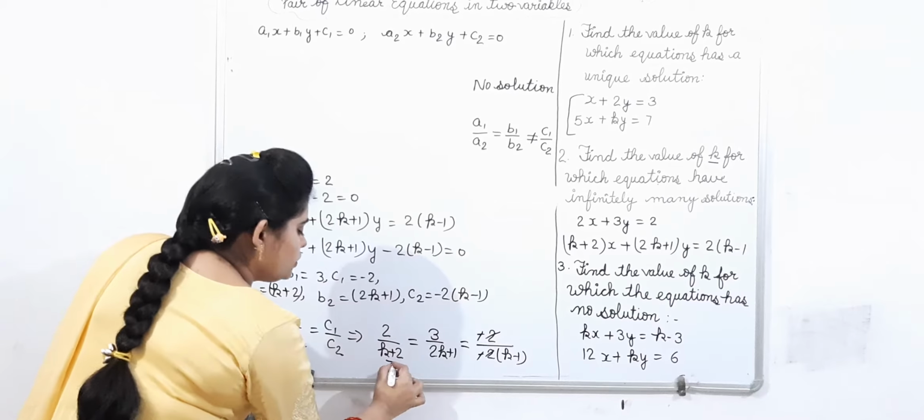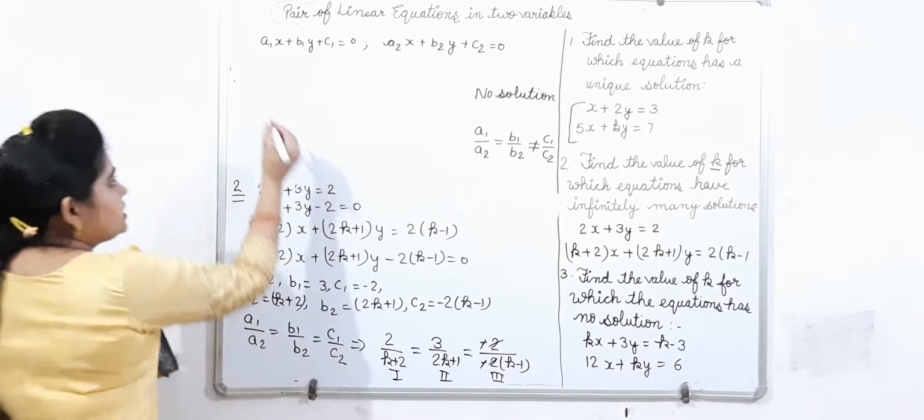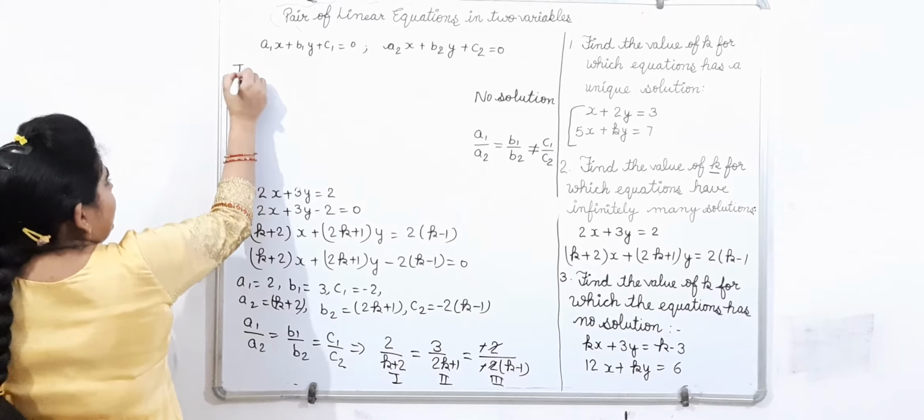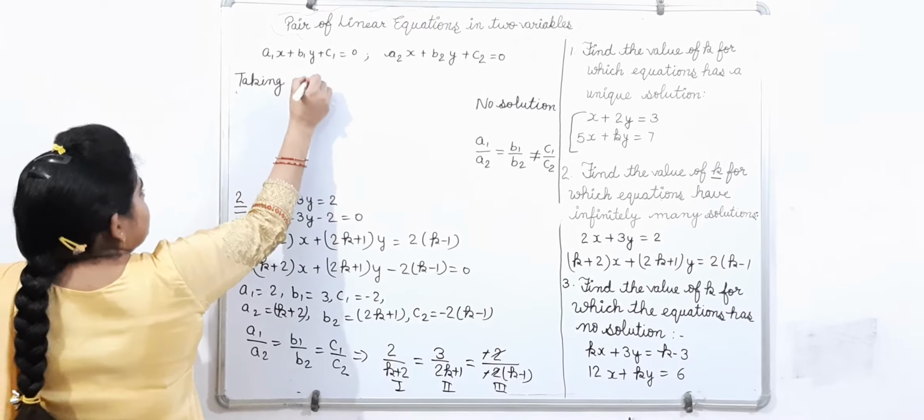Let us call them the first part, second part and third part. Taking the first and second part, 2 upon k plus 2 is equal to 3 upon 2k plus 1.